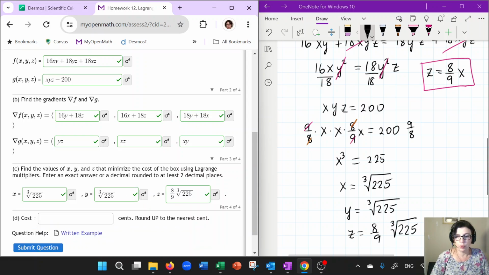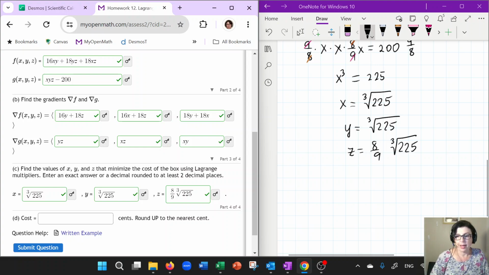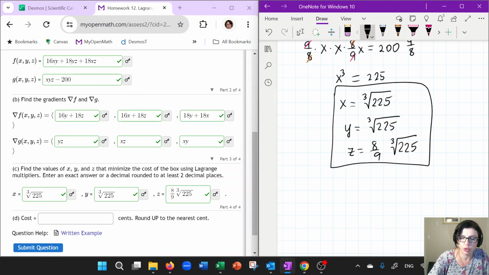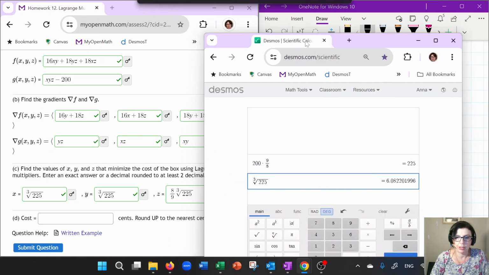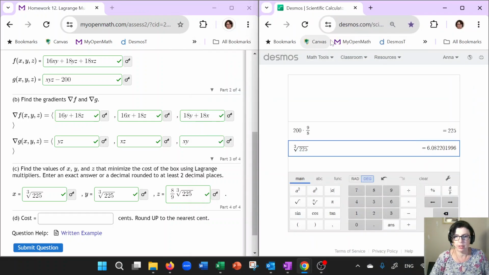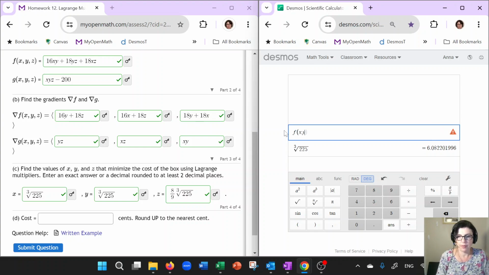Okay, so once we got that, we have to get the cost. So what does that mean? What that means is that what we got for xyz has to be substituted into the f of xyz function, and we are going to need to just figure out what that is. Okay, so we're just going to need to plug in. So let me have the calculator here on the right side, and I'll just define my function f of xyz to be equal to 16xy plus 18yz plus 18xz.